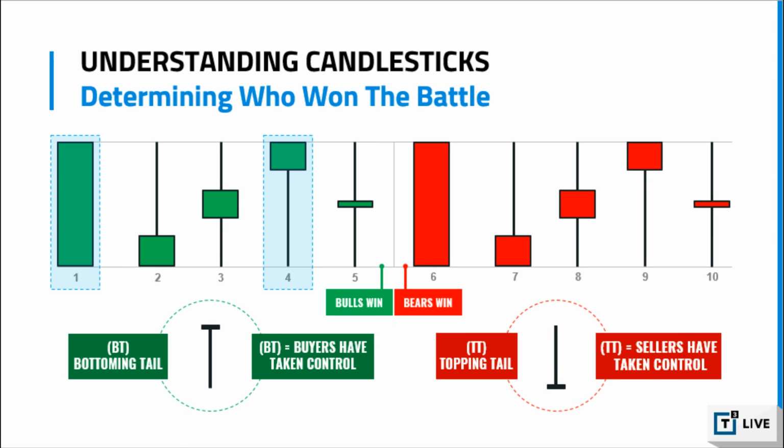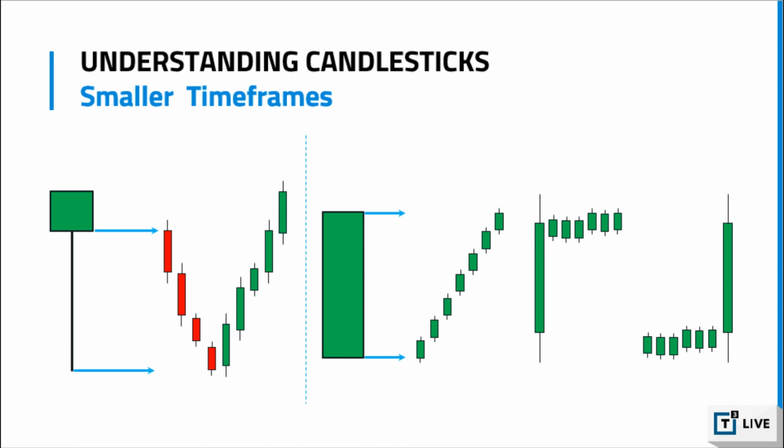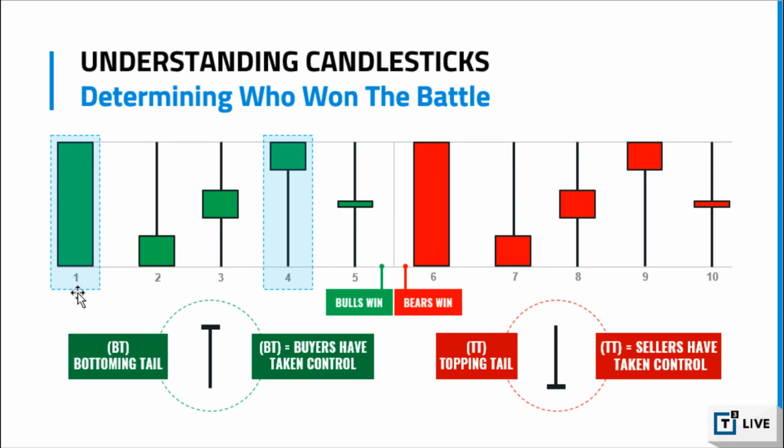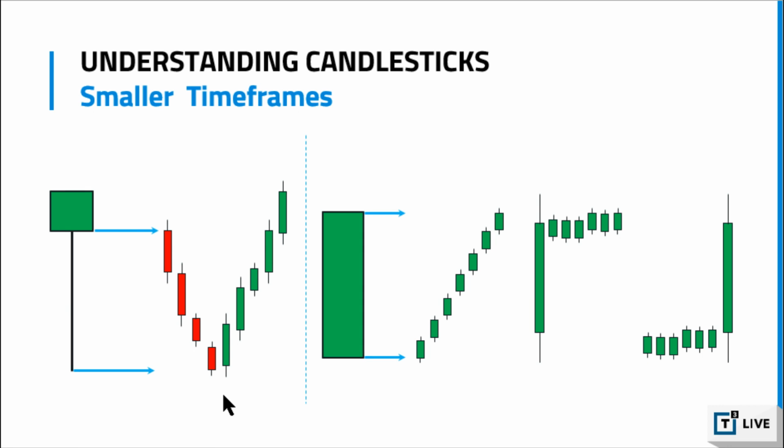The difference between 1 and 4 is, again, it really depends on how they formed, where they formed. 4 we said is battle tested, 1 wasn't. Here's how 1 forms. You get the red on a smaller time frame, and then it's reversed through green bars. But it could also be reversed through multiple green bars.